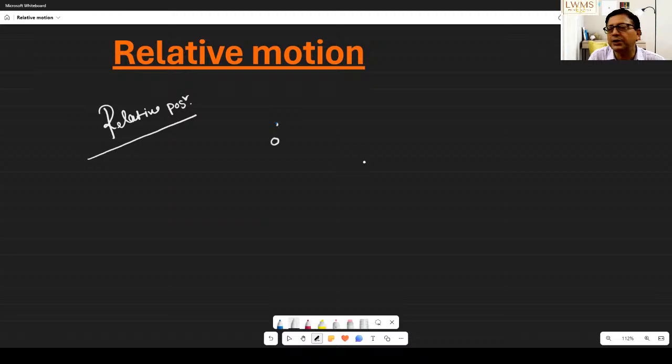Understanding of relative position is very important in understanding relative velocity. Relative position means with respect to one particle, the position of another particle to be discussed.